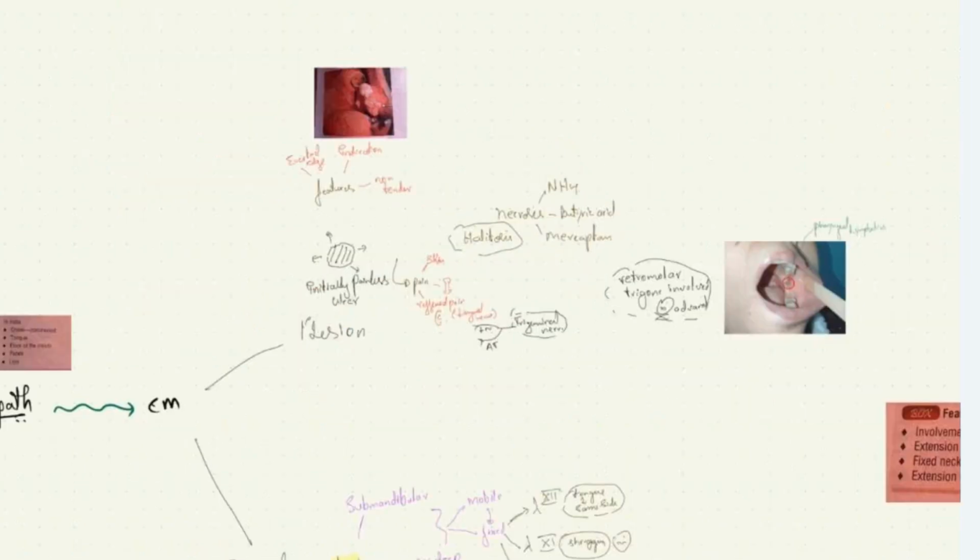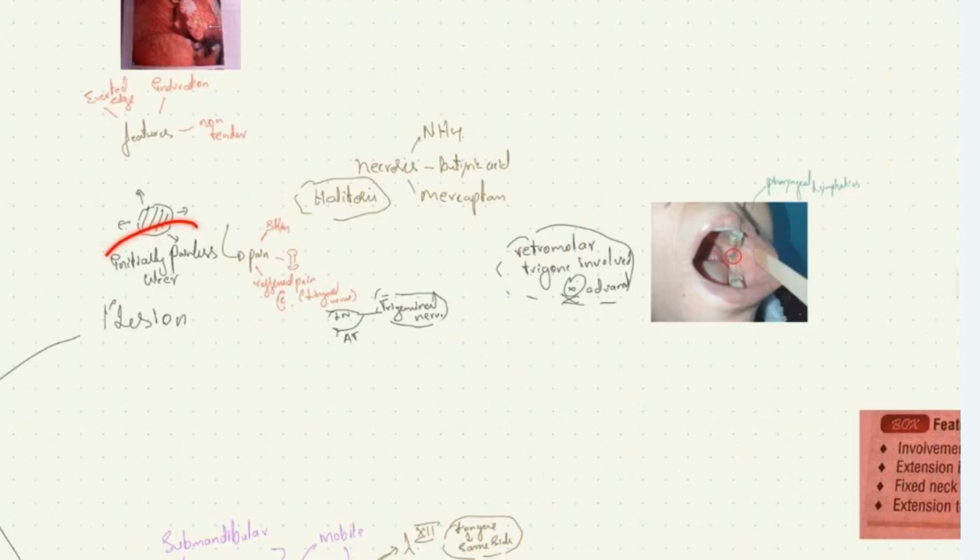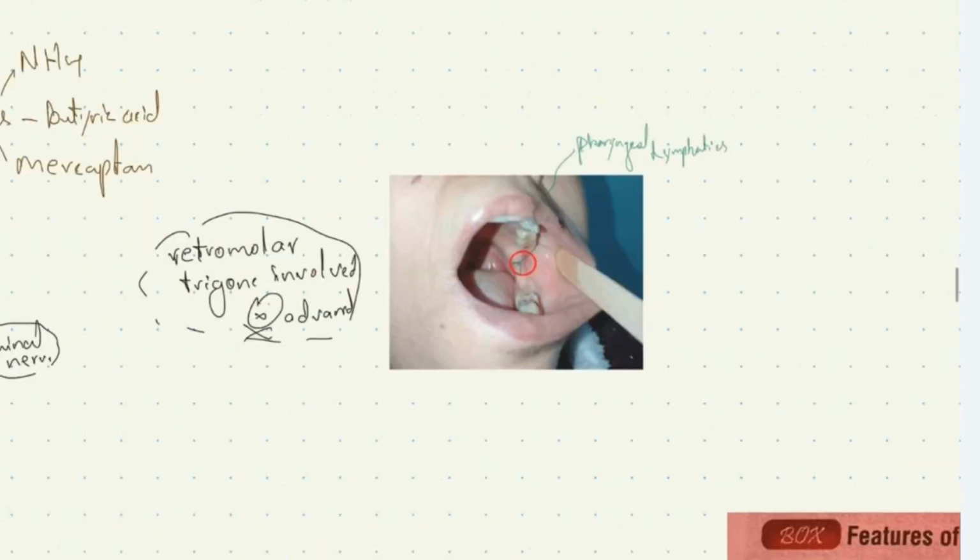If the ulcer is seen in the retromolar trigone area, it suggests advanced disease. Why? Because from the retromolar trigone area, the lymphatics will spread to pharyngeal lymphatics. Through pharyngeal lymphatics, the carcinoma can reach retropharyngeal lymph nodes, which is a sign of advanced disease.